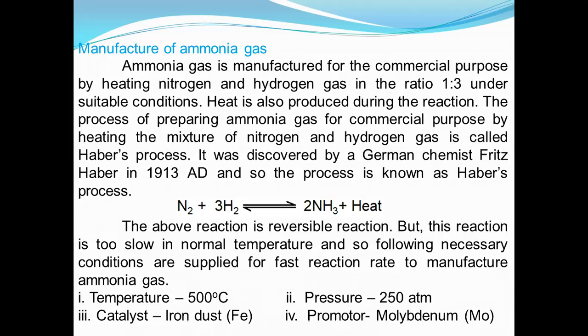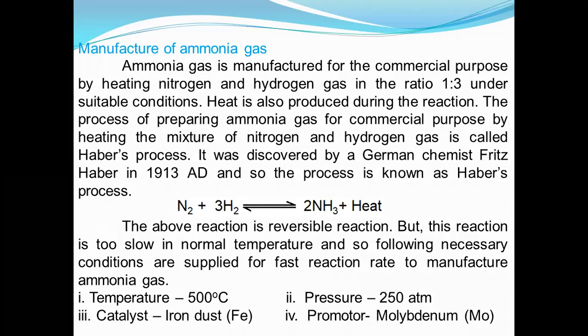So to make the catalyst more efficient, we have to add molybdenum, and molybdenum increases the efficiency of this catalyst, so that iron dust can work as a catalyst. So molybdenum just promotes the catalyst, does not take part, but promotes the iron dust to help in the chemical reaction. That's why molybdenum is a promoter only. A promoter just increases the efficiency of the catalyst.